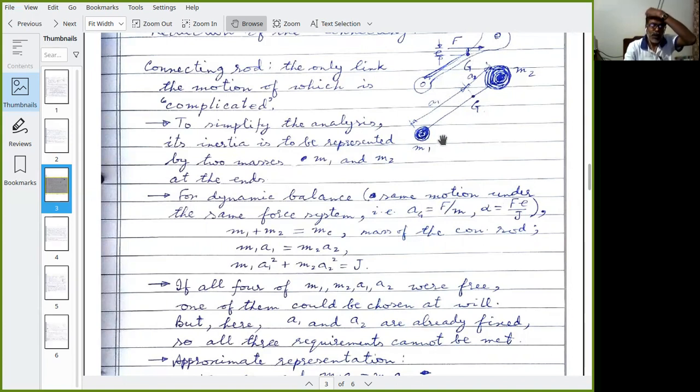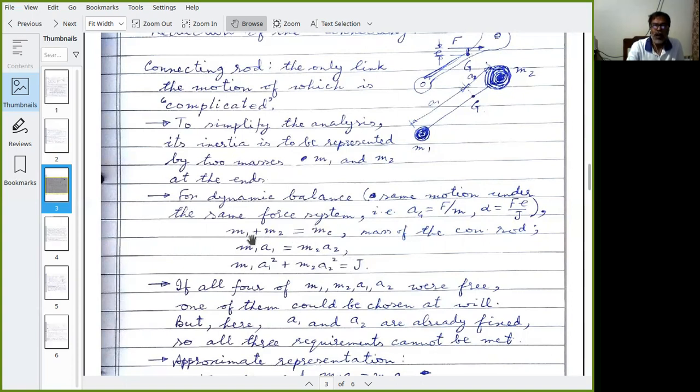For that, what should be M1, M2, A1, A2? They should satisfy these relationships. The total mass should be the same, the resulting CG should be at the same point, and the total moment of inertia should be the same. So these three are the conditions.